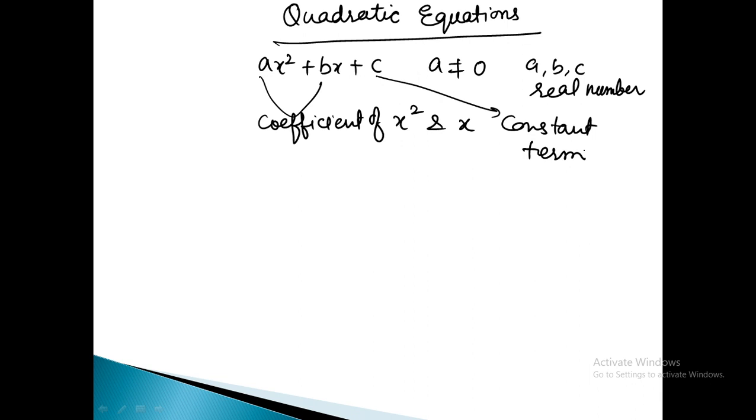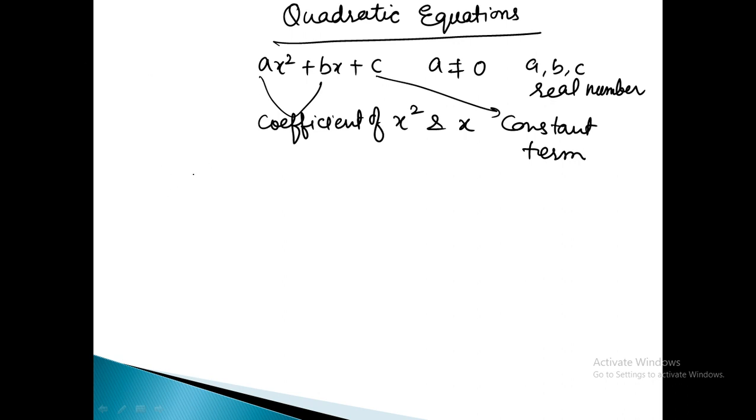Any value is a solution of a quadratic equation if and only if it satisfies the equation. If it is given in the form ax square plus bx plus c, then you can find the solution.